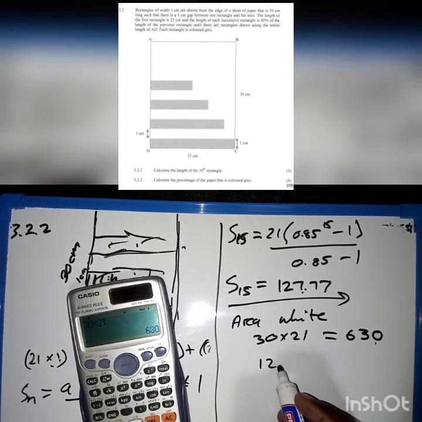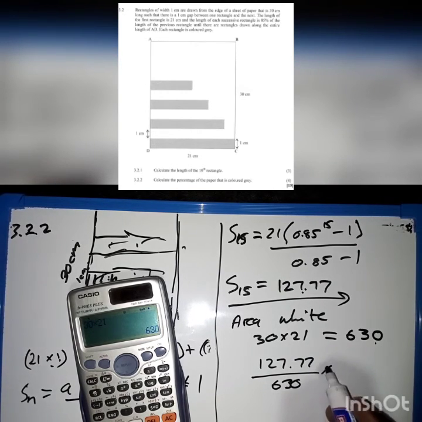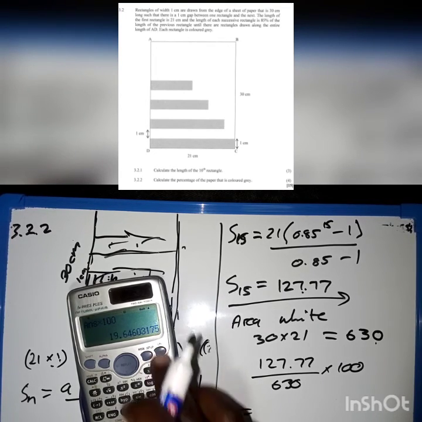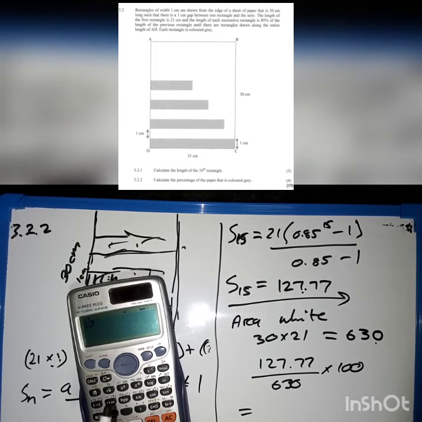To know the percentage of the gray, we say this divided by this times 100. So 127.77 divided by 630 times 100 will give us the percentage, and that will be 20.28.